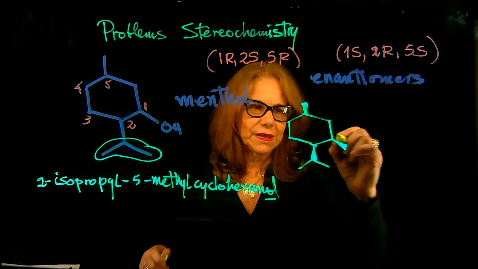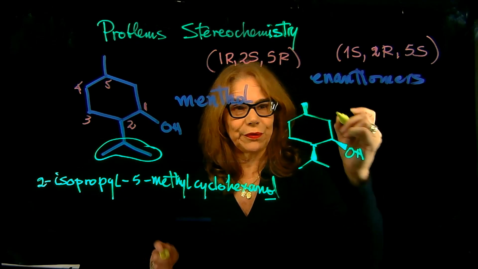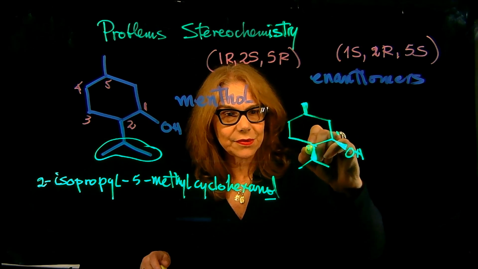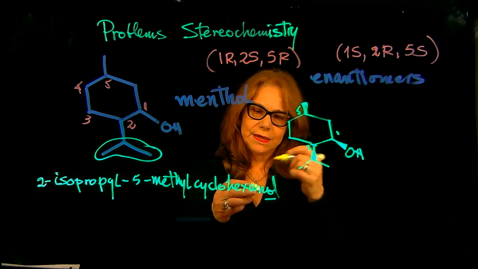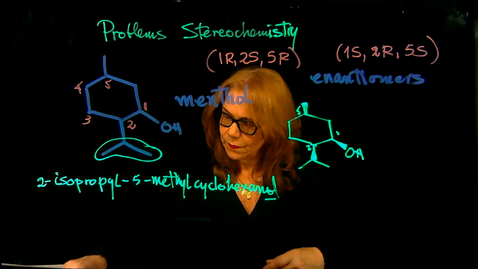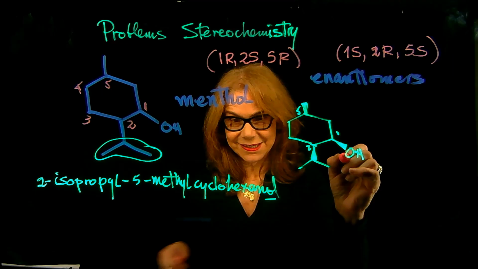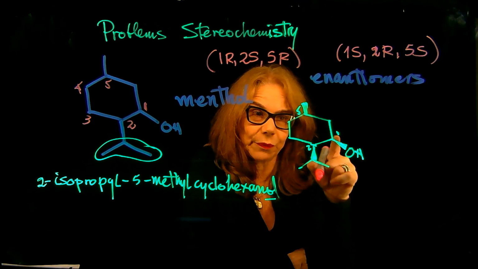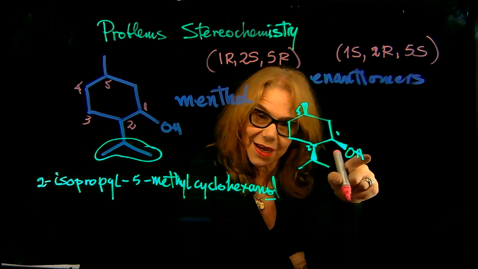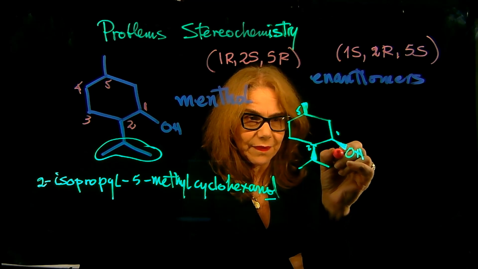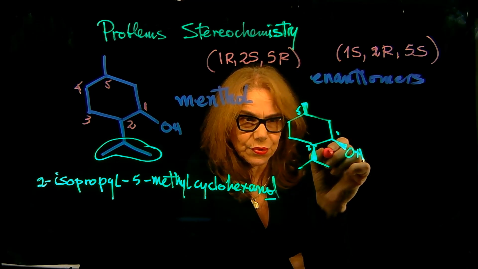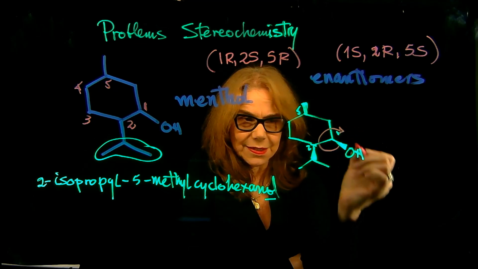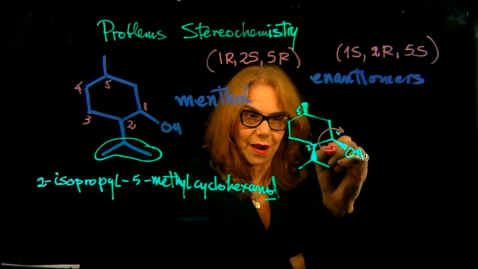So now this is an OH. Let's do the configuration. This is carbon 1, 2, and that was 5. Now for carbon number 1, priority 1 is the oxygen. Remember, Cahn-Ingold-Prelog rules. You go by atomic number of the atom or group that's attached. So 1, then I'm going to go 2 and 3. So this center is R.